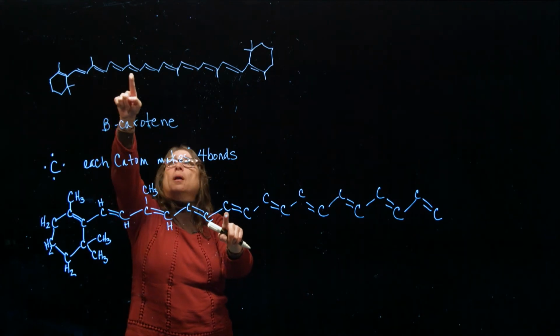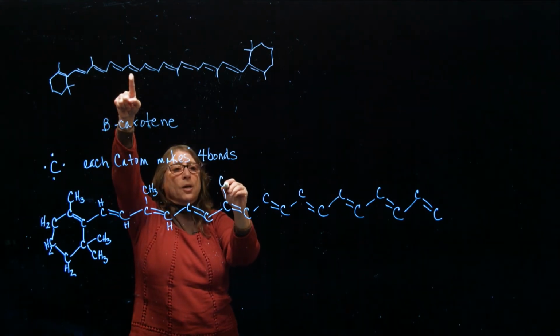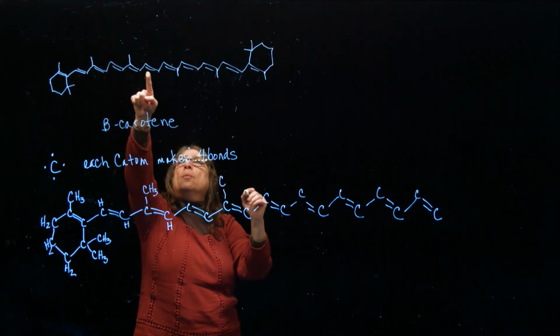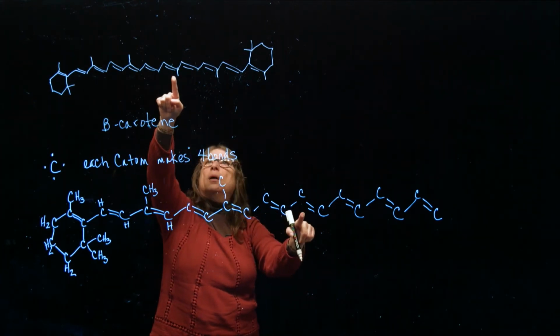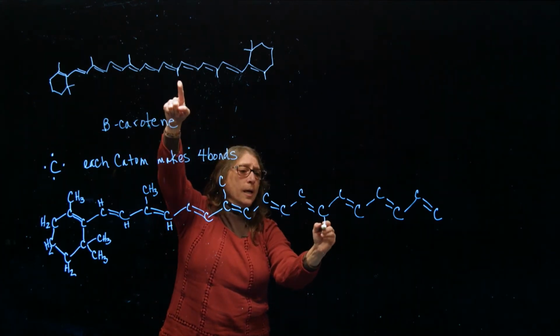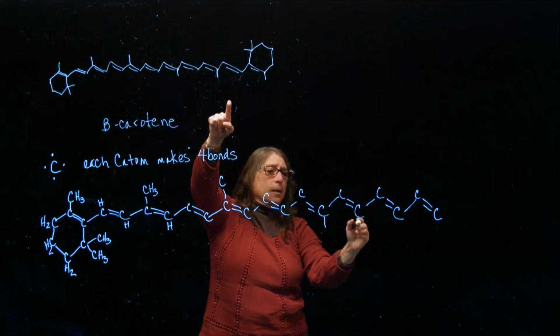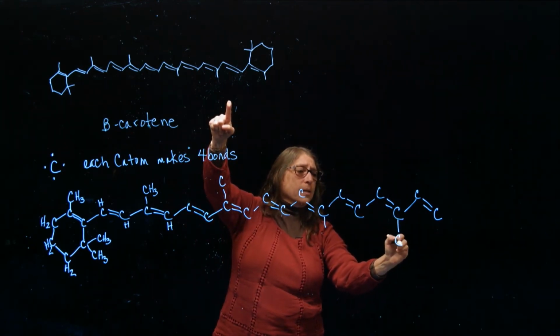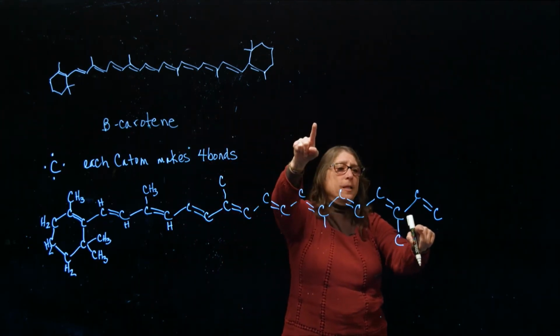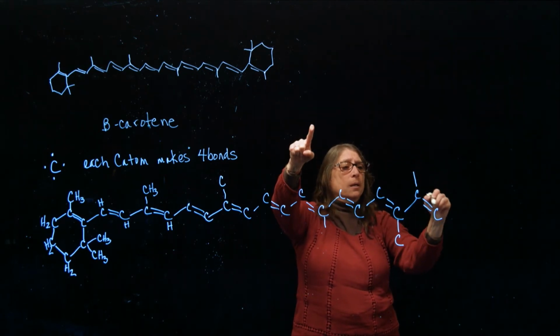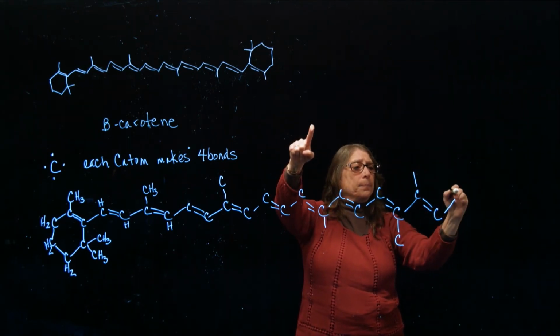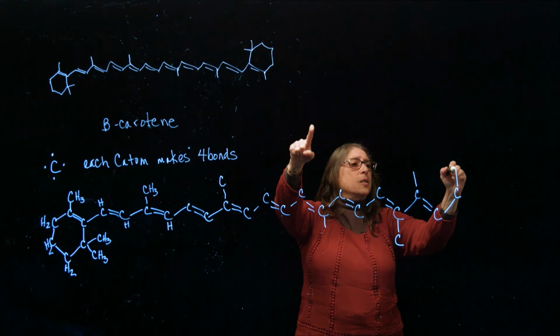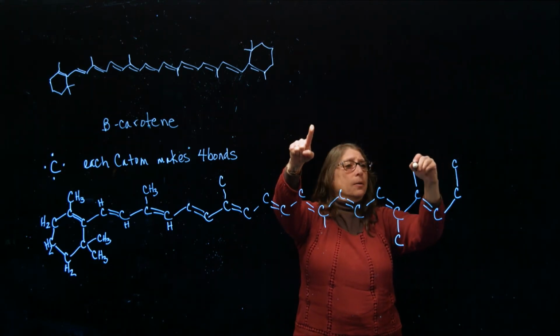The second one up has another carbon here. 1, 2. This one has another one. And then this one has another one. And then this one is part of a ring. And it's a 6-membered ring.